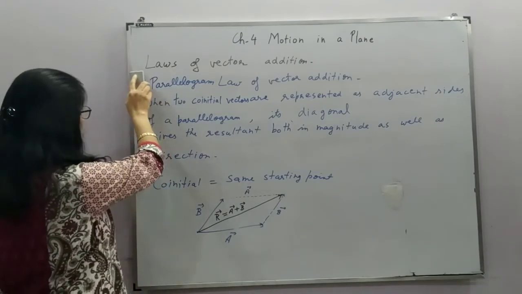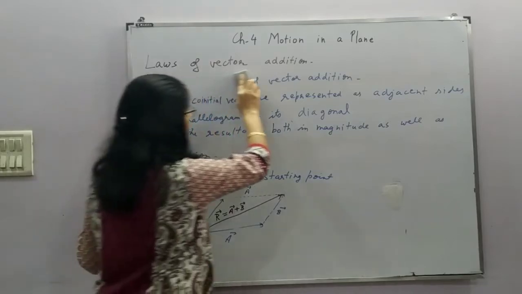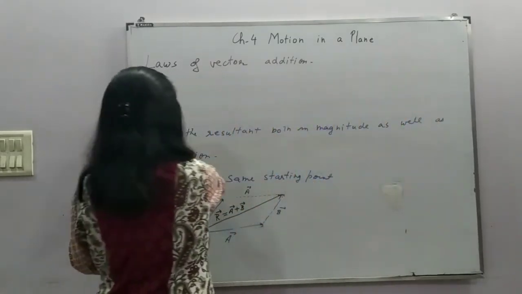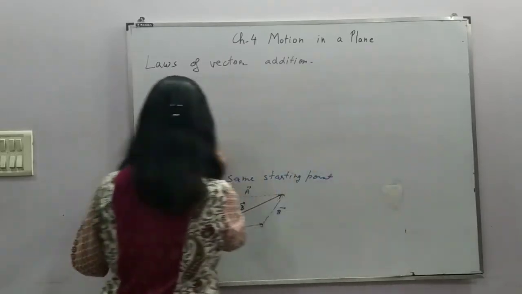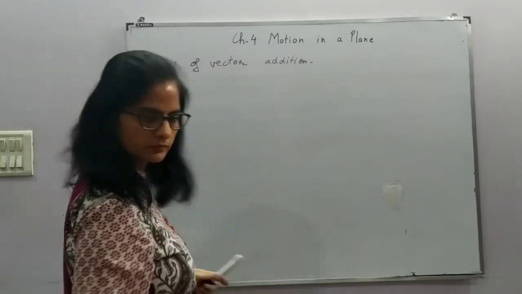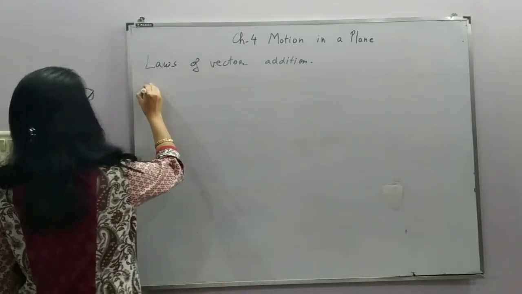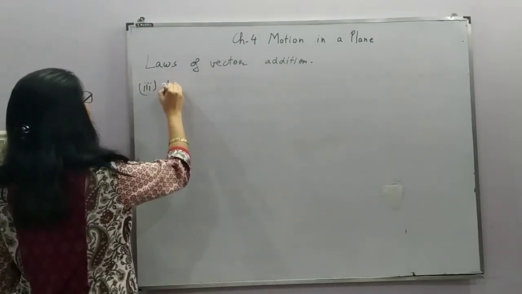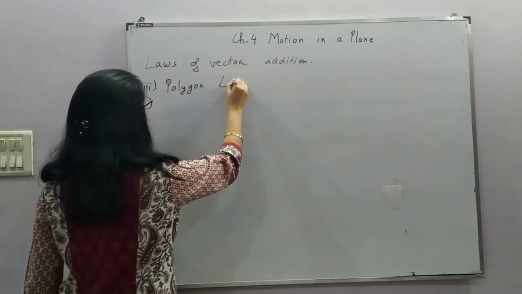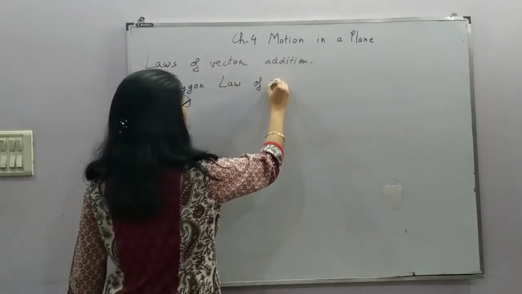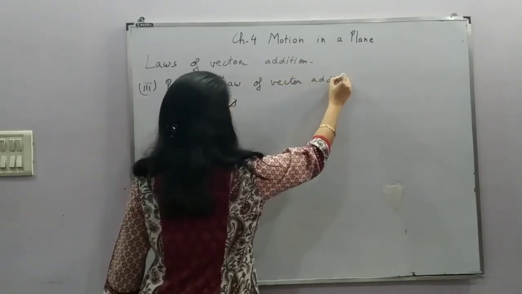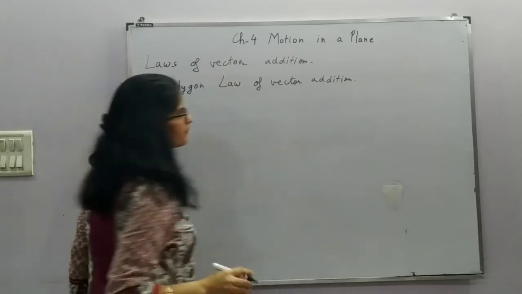So the last law is the polygon law. What does this mean?